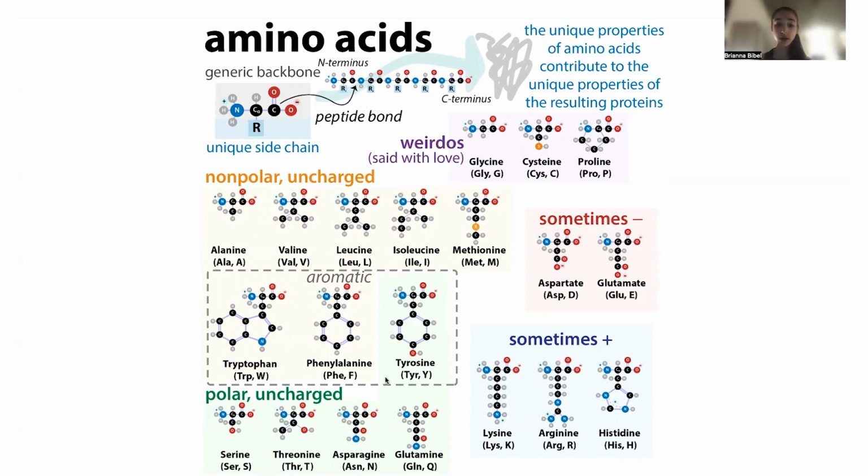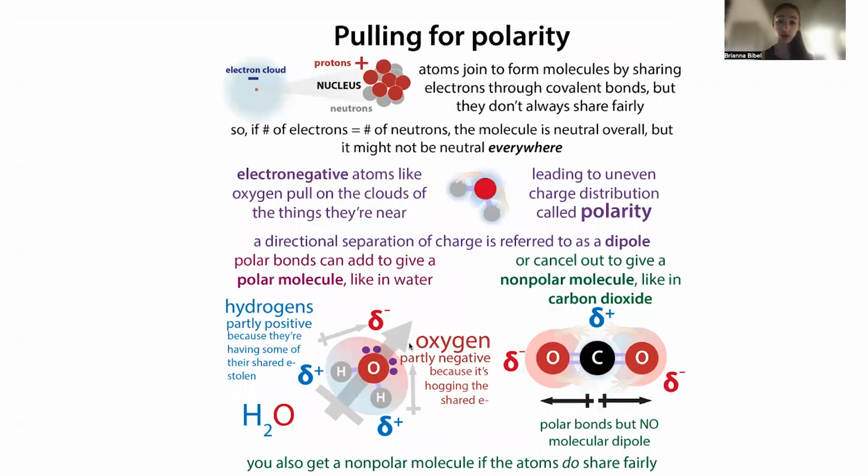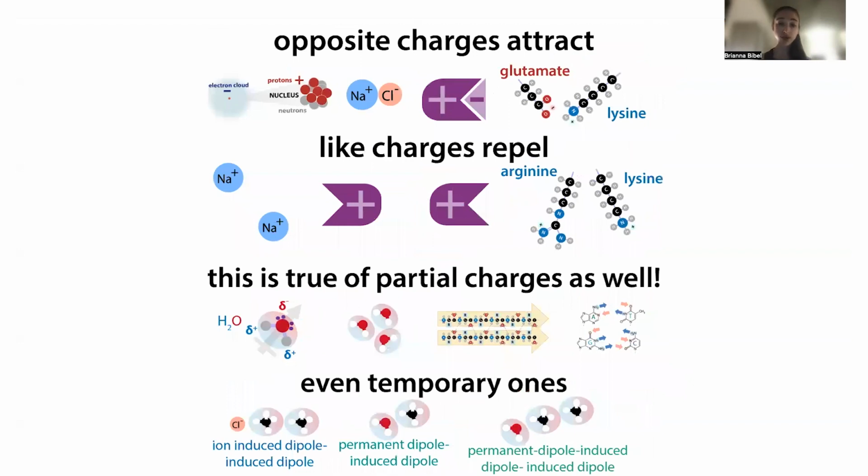But then some of these molecules have nitrogens and oxygens, which, as we talked about, are electronegative. So these are going to share unfairly, leading to polarity. And when you have polarity, you have that separation of charge, those partial positive, partial negative regions. And this allows for opportunities for these charge-based attractions.